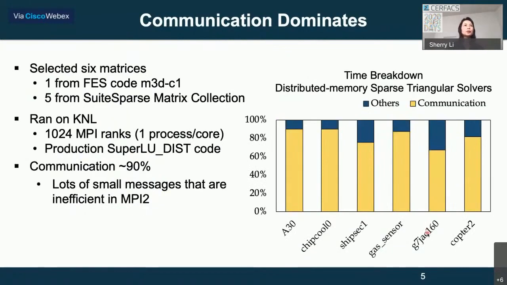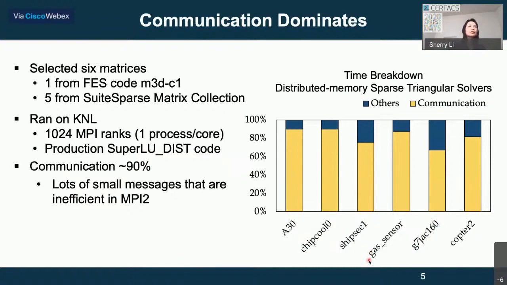And if you do this in the straightforward implementation in our earlier code, you can see that the communication actually dominates. So there's very little computation you need to worry about. These are 6 matrices selected from SuiteSparse, and we run on the Intel KNL nodes.